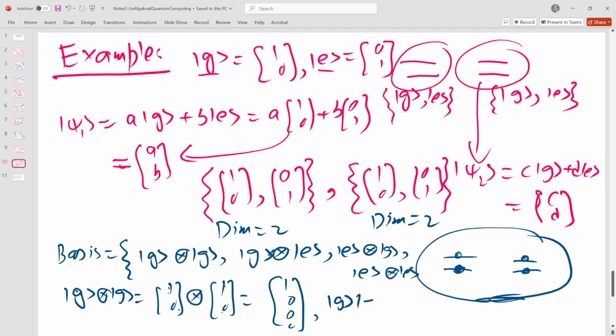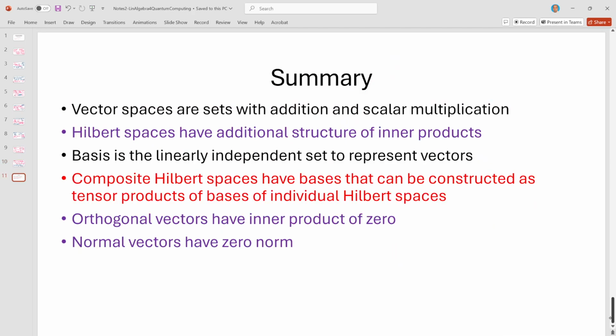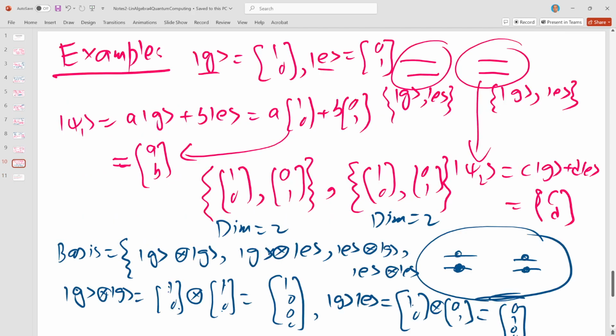G tensor E would be (1, 0) tensor (0, 1), and this would become 1 into 0, 1 into 1, 0 into 0, 0 into 1. And let's insert another slide.